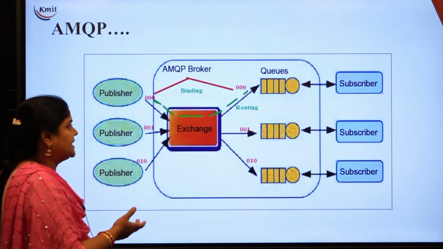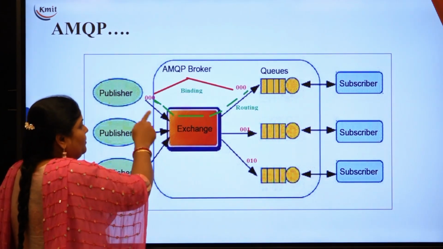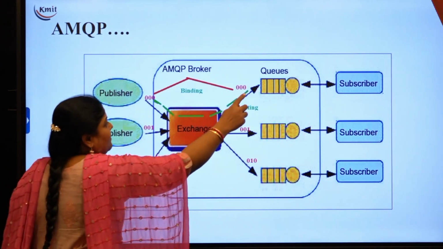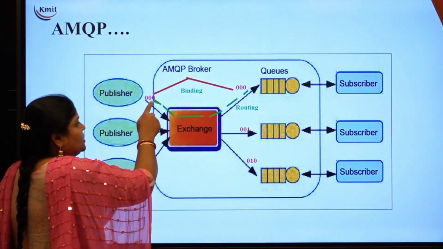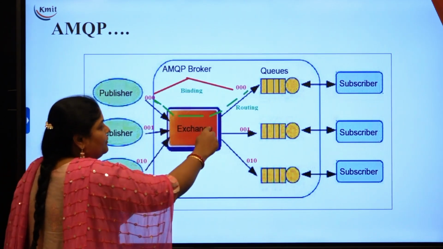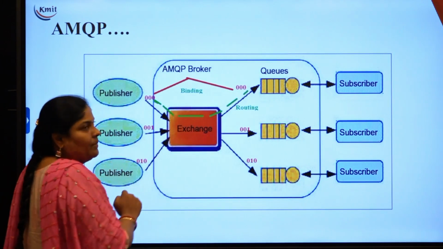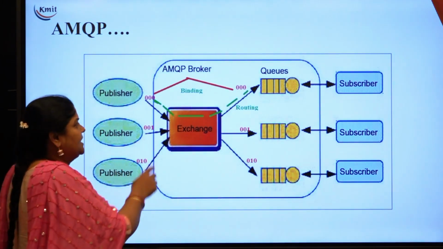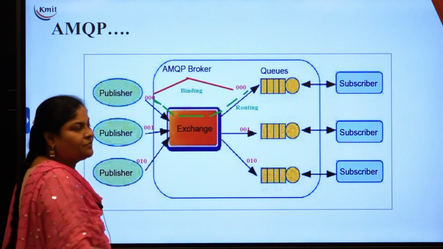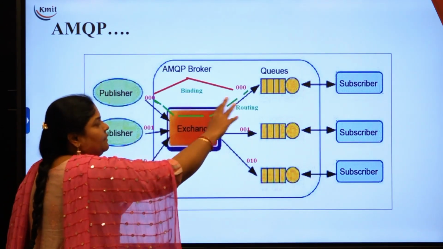If you take direct, it means you have a routing key here, and you have a binding key. From publisher to exchange, it is called the routing key. From exchange to queues, you have the binding key. So direct means if the binding key matches the routing key, then only to that particular queue the data will be sent.